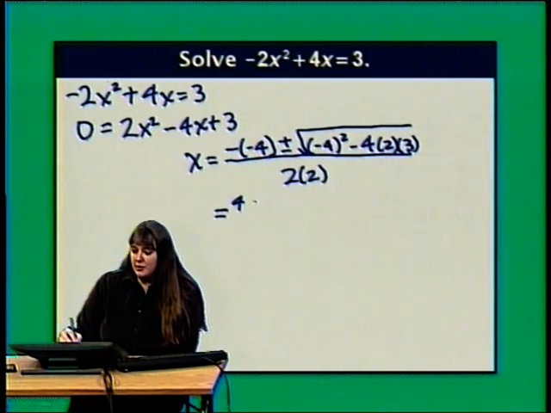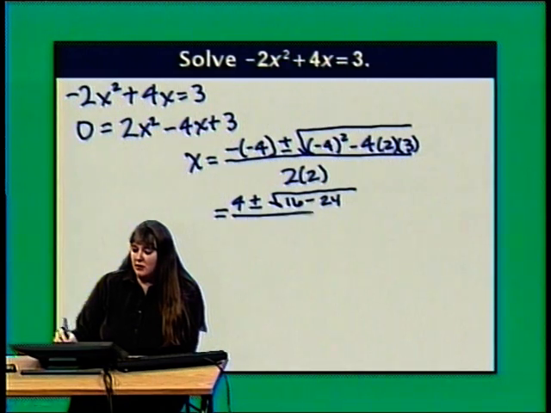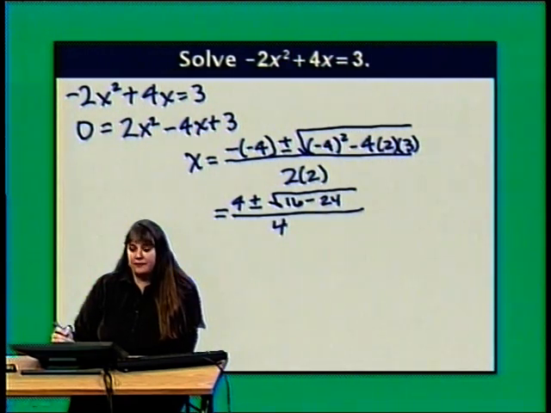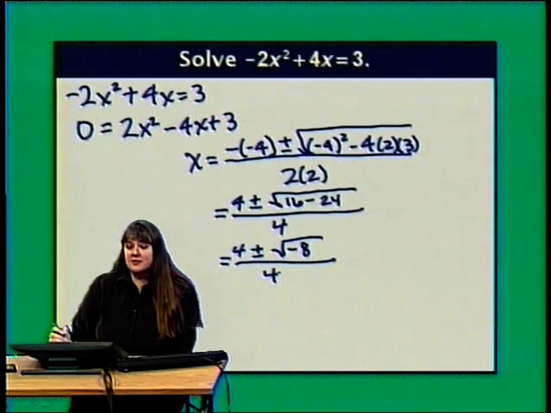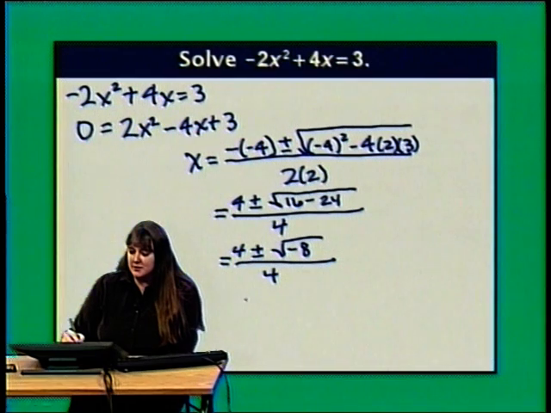So this is 4 plus or minus the square root of 16 minus 24 all over 4. So this is 4 plus or minus the square root of negative 8 over 4. Since the discriminant is negative, I know that this equation has no real number solutions.